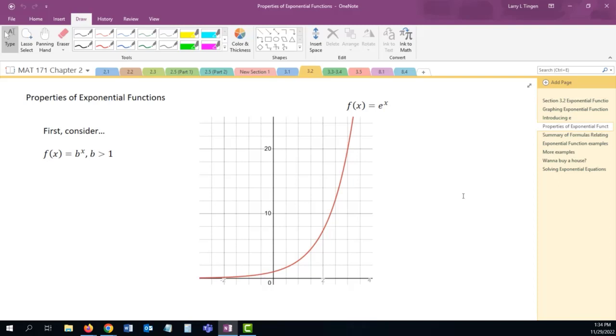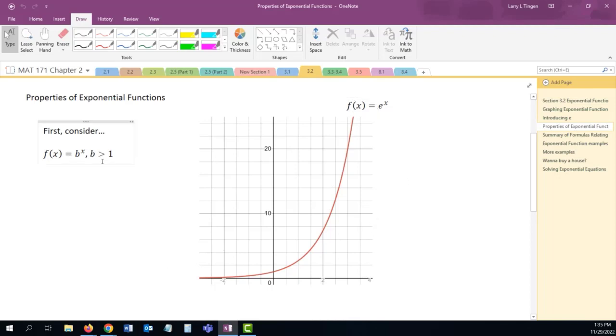My base is e. E is 2.7 whatever. So as x grows, my function grows, right? E to the second, e to the fourth, e to the eighth. That's continuing to grow, so that heads off to positive infinity. As x goes more and more negative, this becomes a fraction that keeps getting closer and closer to 0.